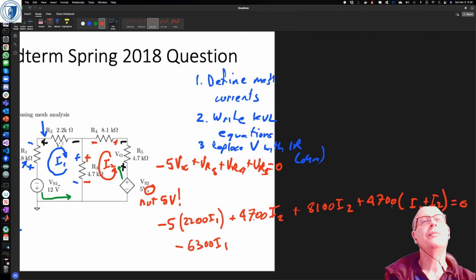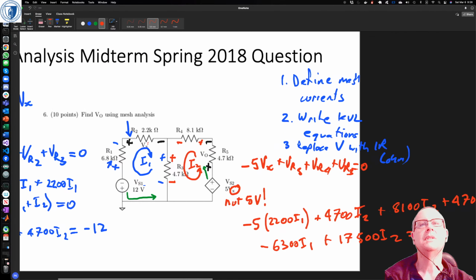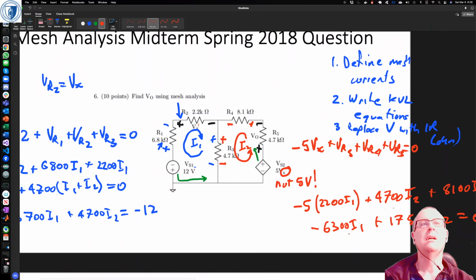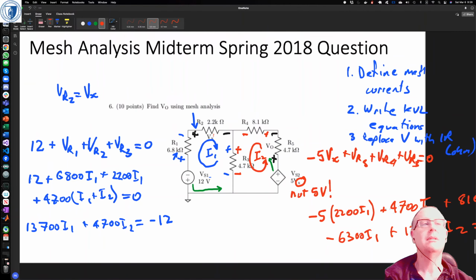And then I2, it's 12,800, 16,800, 17,500. And that equals 0. Haven't quite got everything on there. Okay, so now we can write our RF equation, right?